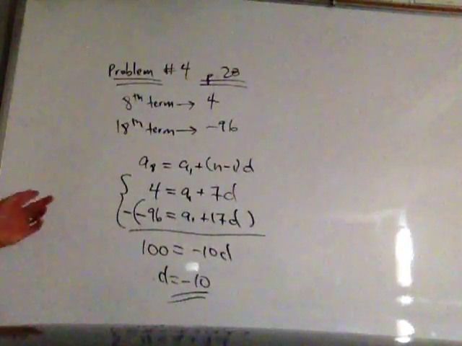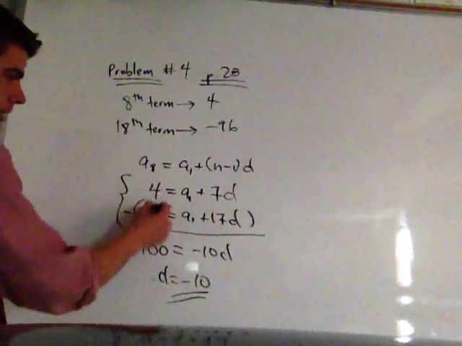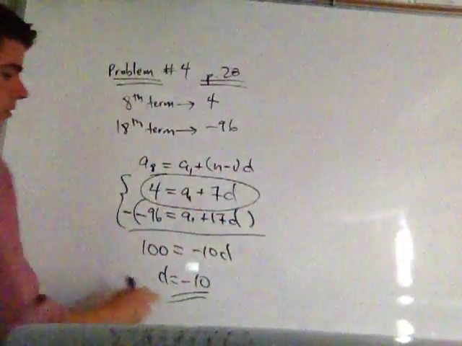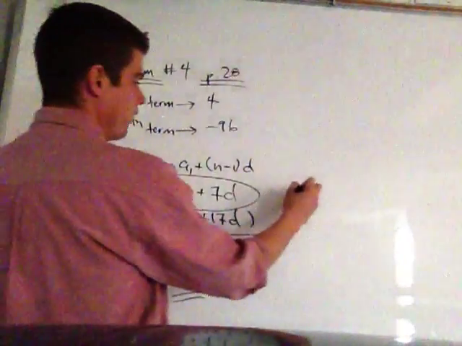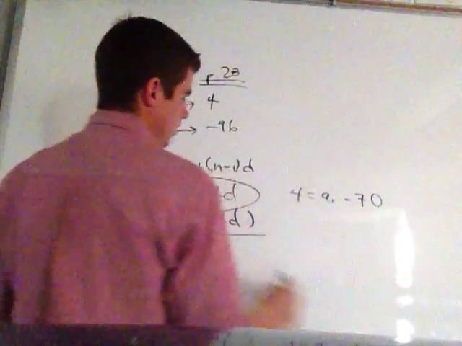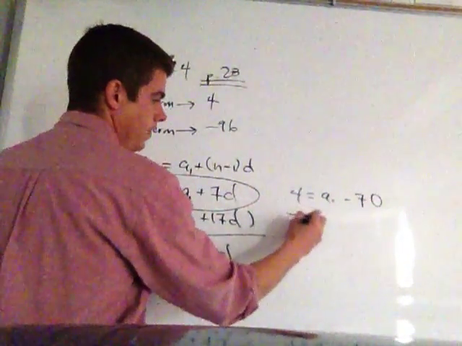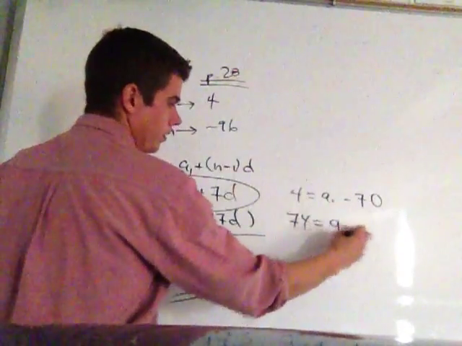Okay? So I know what d is, negative 10, so I can take either equation, like maybe this one, and say, well, if d is negative 10, 4 equals a sub 1 minus 70, because 7 times negative 10 is negative 70. Add 70, and the sequence starts at 74.